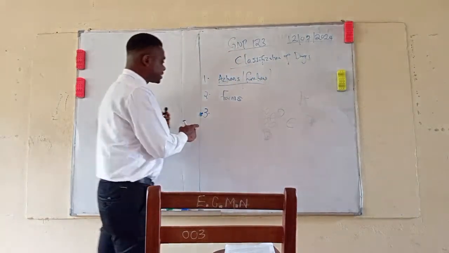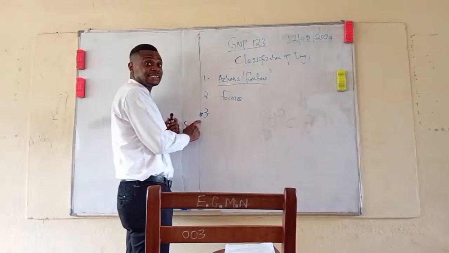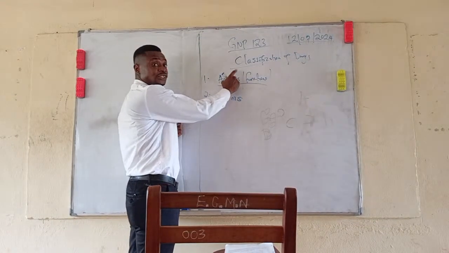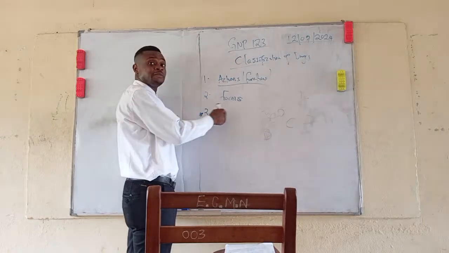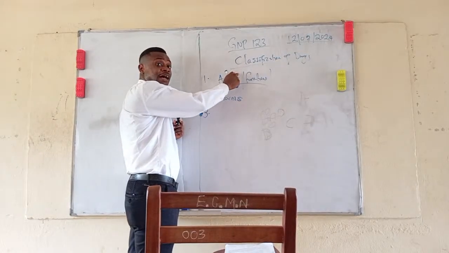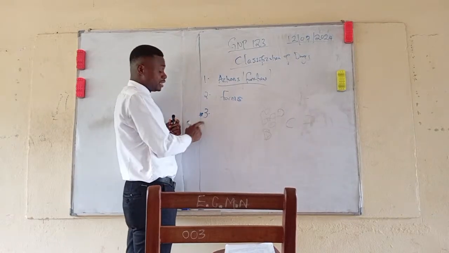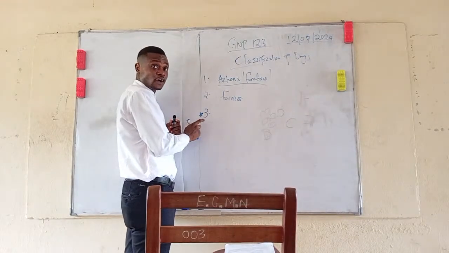Coming back, why did I put an asterisk here? Do you know why I put asterisk here? Because some of these functions are under pharmacodynamics, and some are also under chemotherapeutic. That's why I put the asterisk there. Am I communicating?